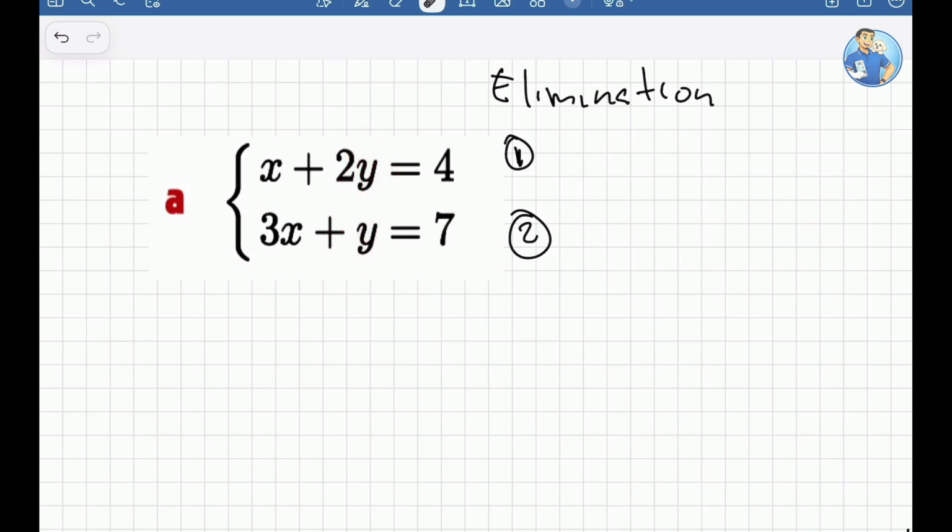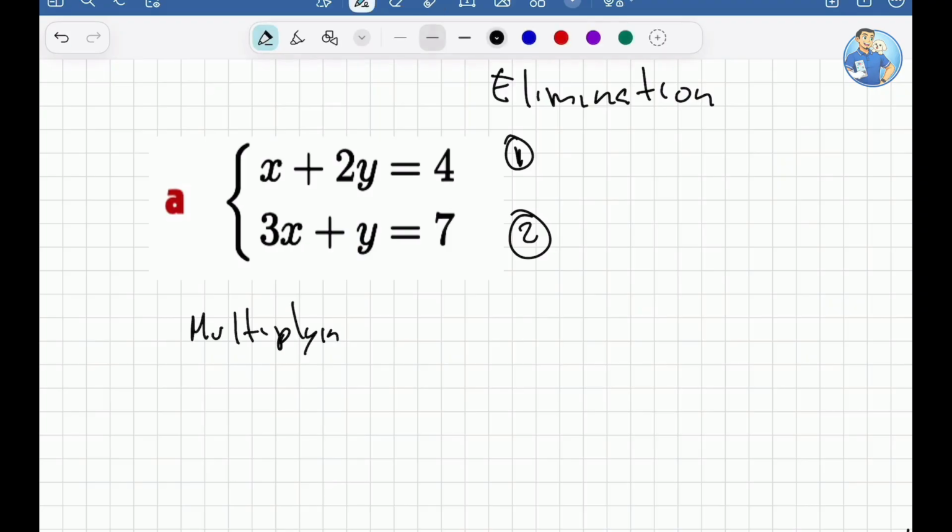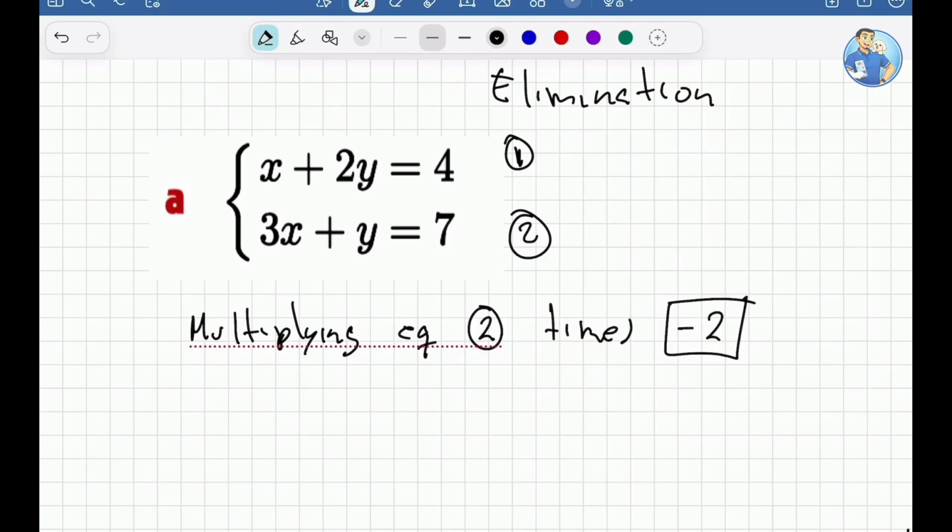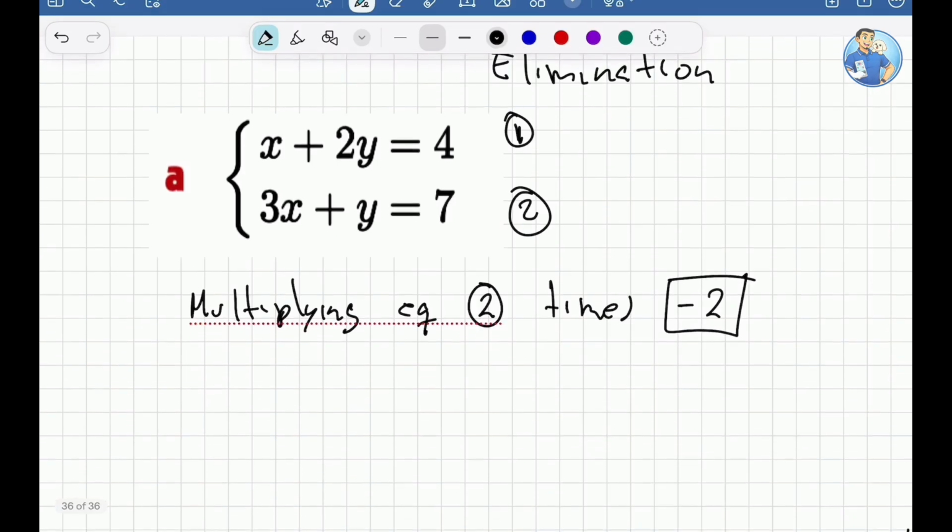So as you prefer. For me, what I want to do is to multiply the equation 2 times negative 2. For me this is easier, but you can choose whatever you want.